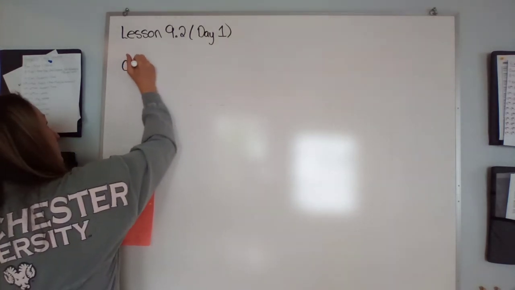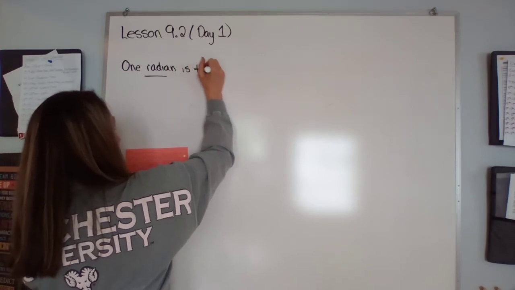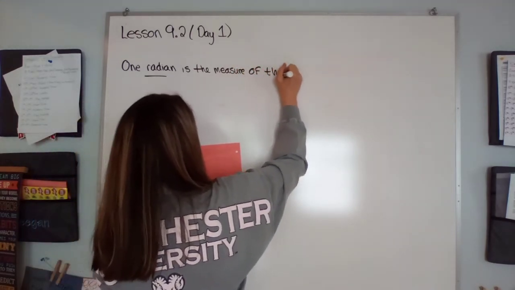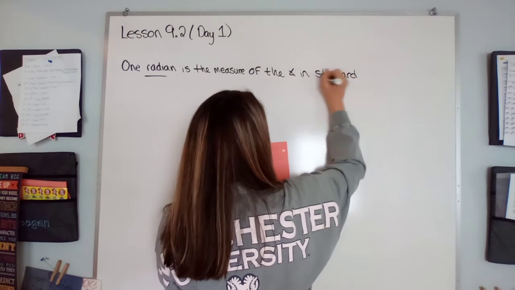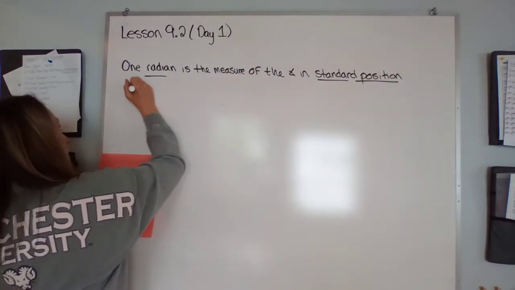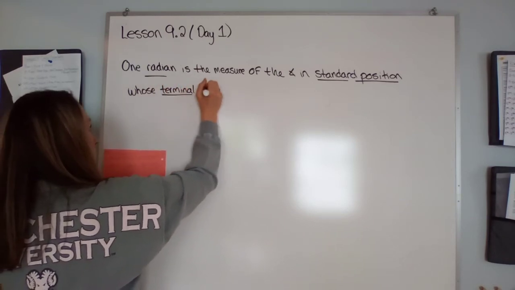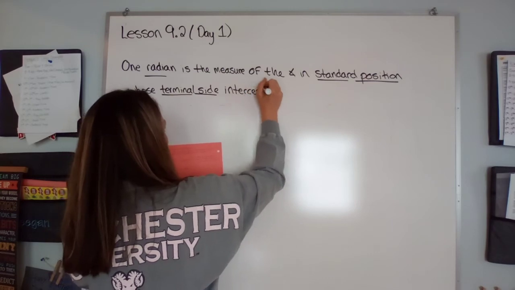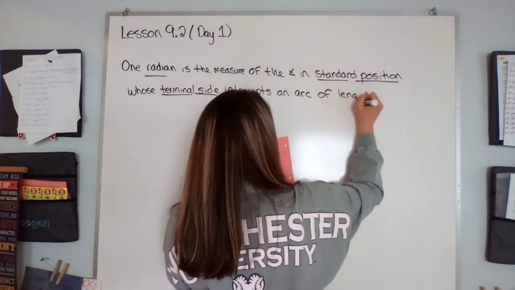So 1 radian is the measure of the angle in standard position whose terminal side intercepts an arc of length r.